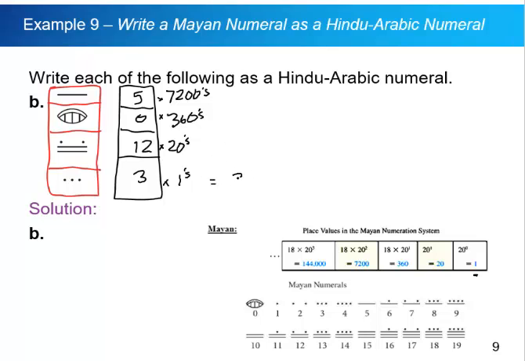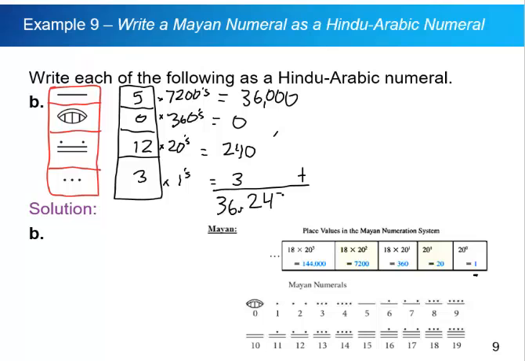So we end up getting 3, 240, 0, and 36,000. And you add these all up, and we get 36,243.